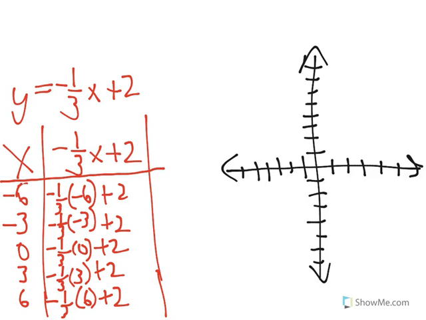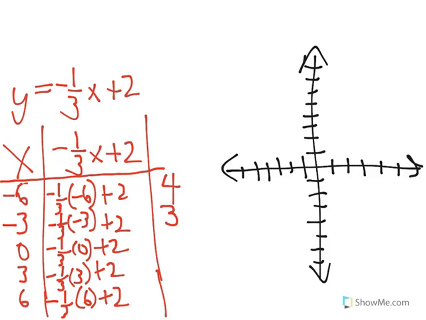Negative 1/3 times negative 6 is going to be positive 2, because negative times a negative is positive. And then positive 2 plus positive 2 is going to be 4. Then negative 1/3 times negative 3, that's going to be 1. 1 plus 2 equals 3.